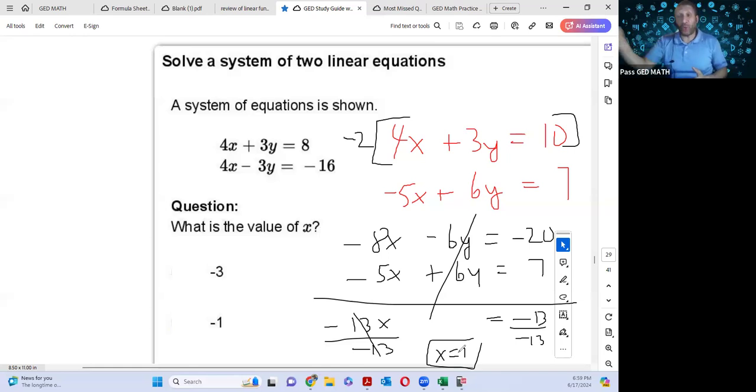If they give you 2 equations on the GED, one of the terms is going to be the same in both equations, or opposite, or a multiple. Those are the only 3 ways. So you don't have to worry about the very difficult system of equations problem.